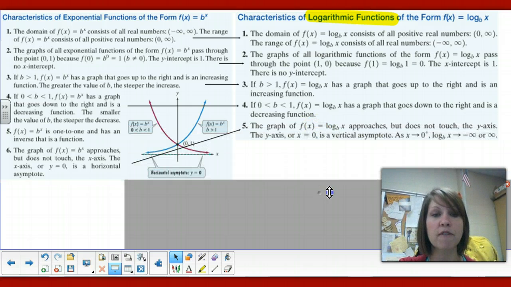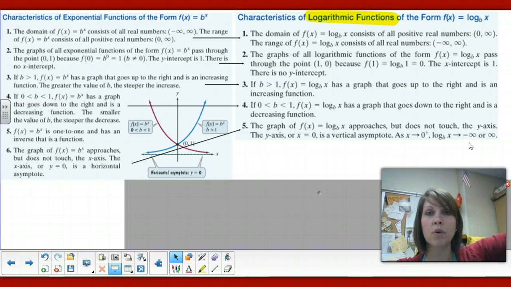But they jump straight to 5, which is a mirror of 6 that says the exponential will approach but not touch the x-axis, so we have this horizontal asymptote. Over here, we approach but do not touch the y-axis, so we have a vertical asymptote. Notice this arrow notation that's going on. As x approaches 0 from the positive side, the log value is either going to approach negative infinity or it's going to approach positive infinity.